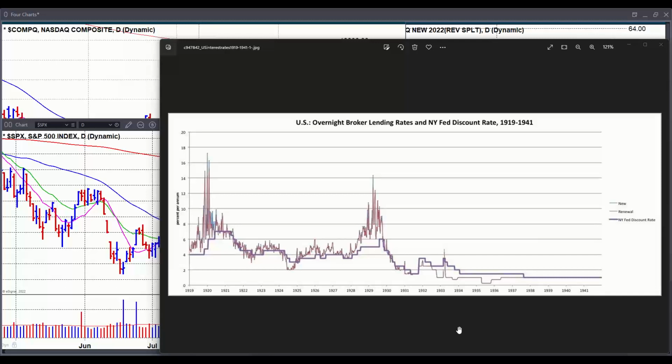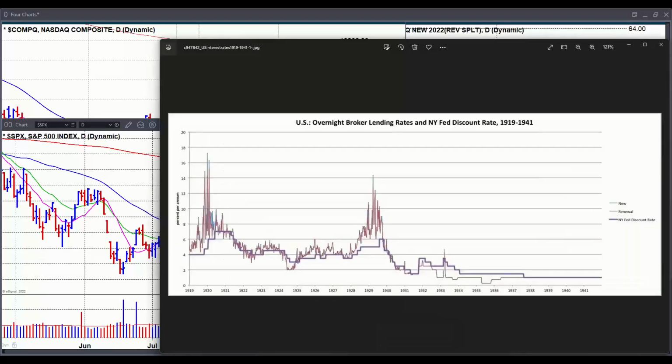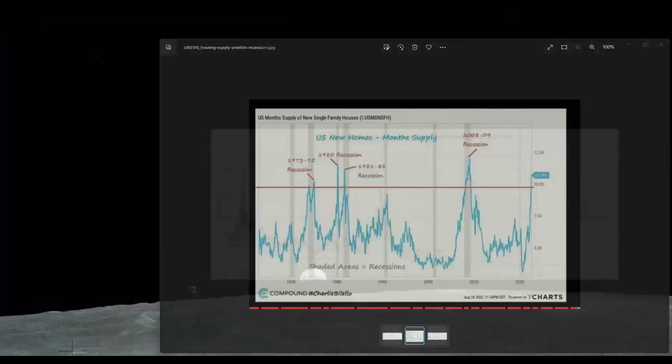And the reduction in rates before the financial collapse in 2008 also did not prevent that bubble from bursting, as there are many factors at play. So in these cases, there were massive market bubbles that had to be unwound, unlike the 1920 to 21 bear.